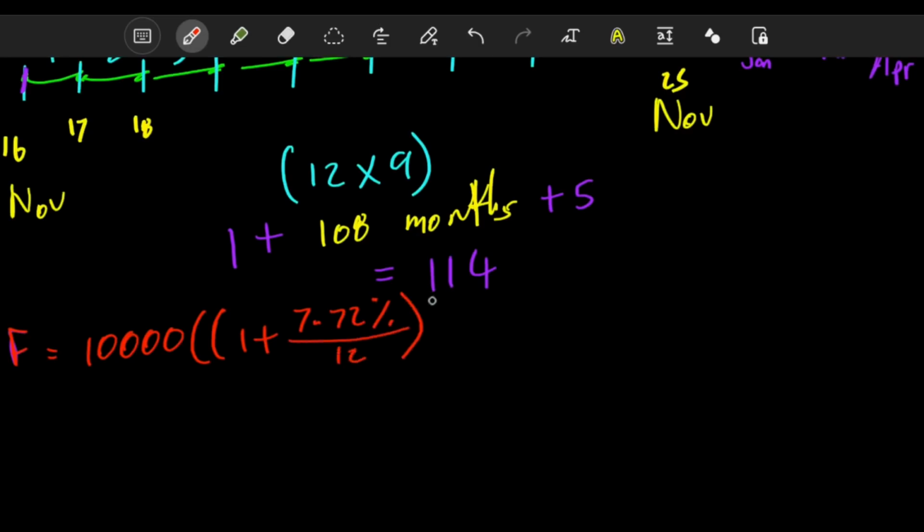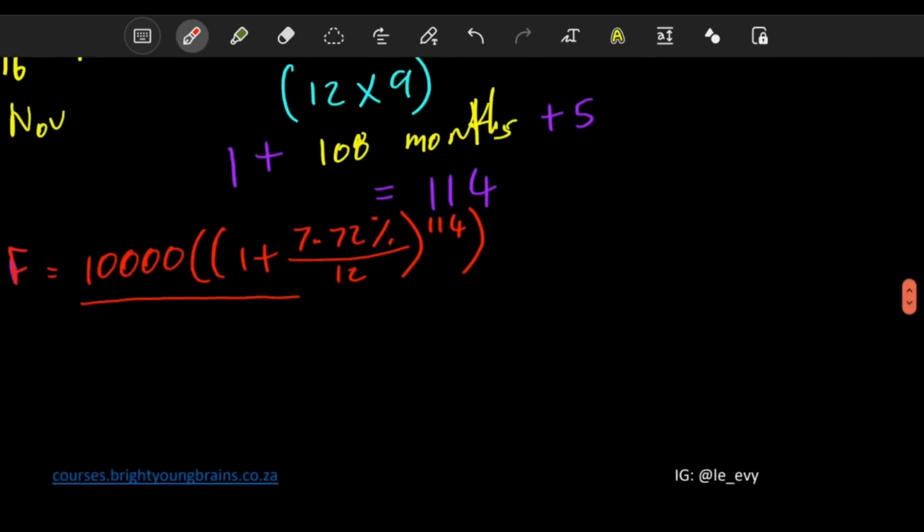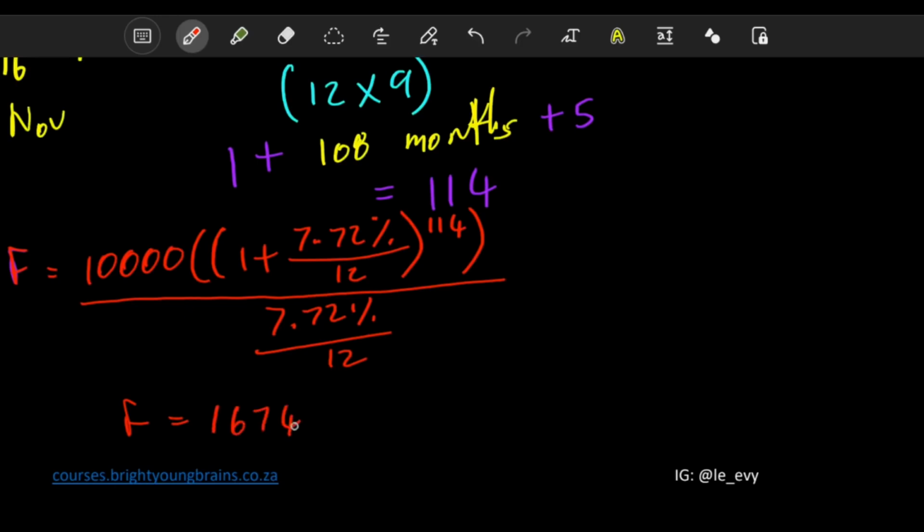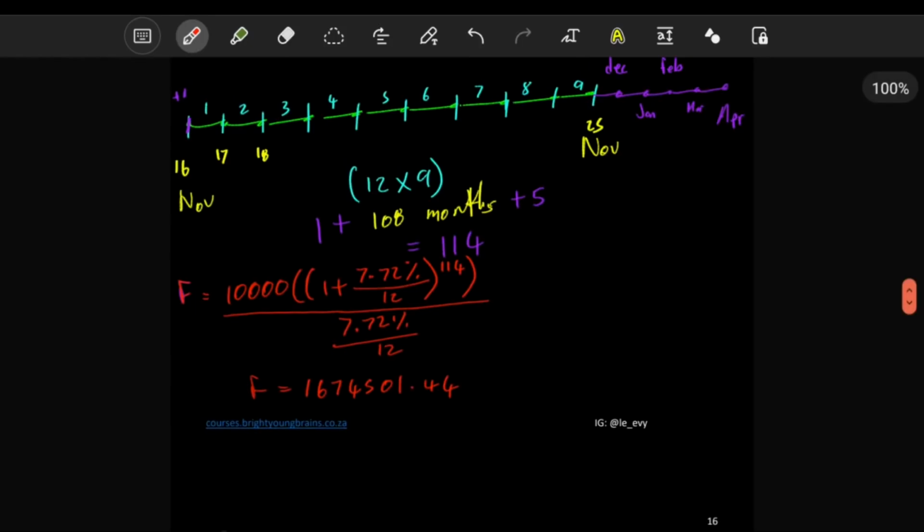And then it's compounded monthly, so everything is over 7.72% over 12. And then your final value in your calculator, we should get 1,674,501.44. That's how much she has in the account.